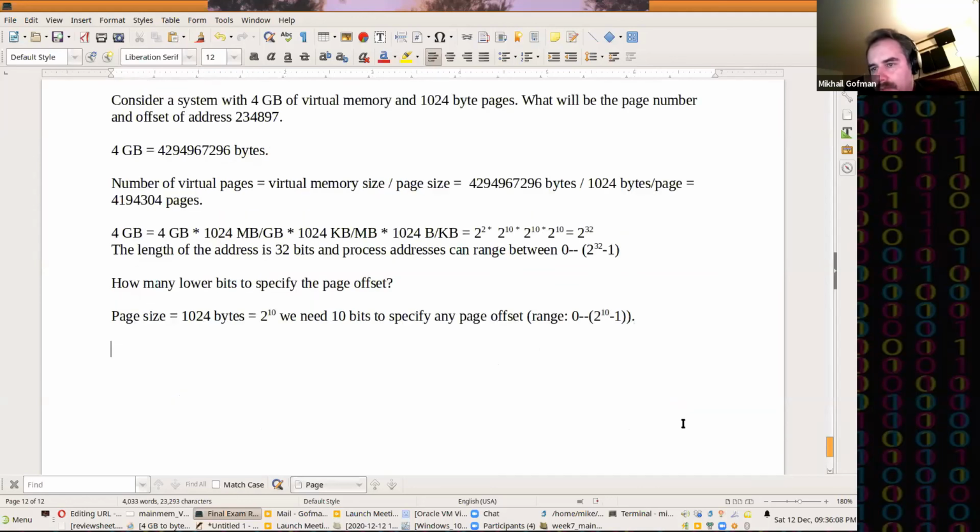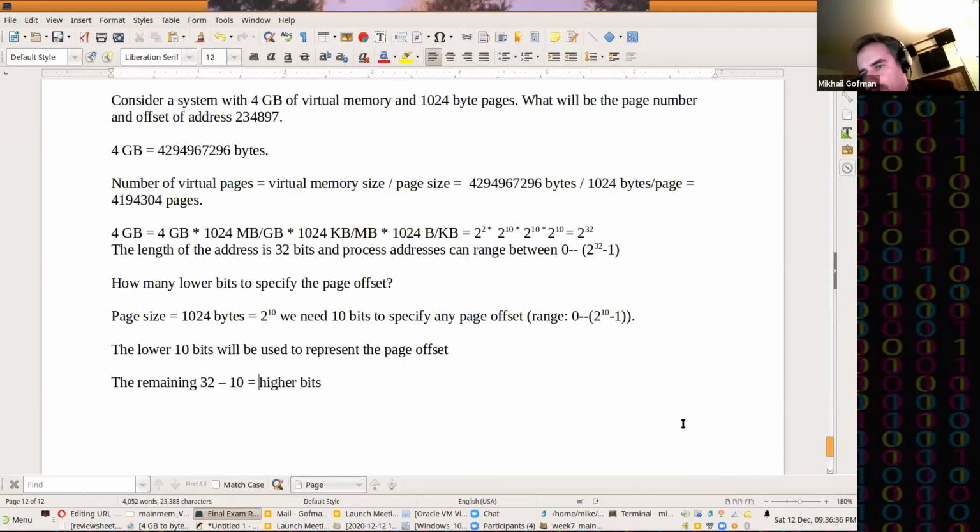So this means that in our 32-bit address, the lower 10 bits will be used to represent the page offset, and then the remaining higher bits, I'll do 32, which is the entire address length, minus 10, which is how many lower bits we're using.